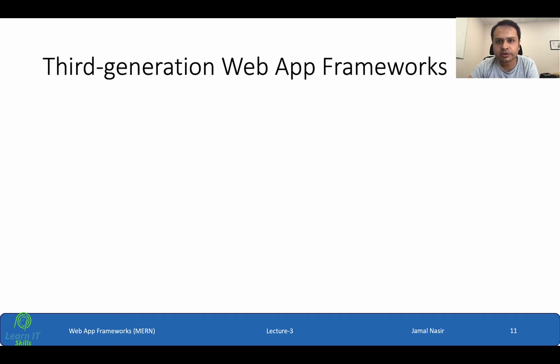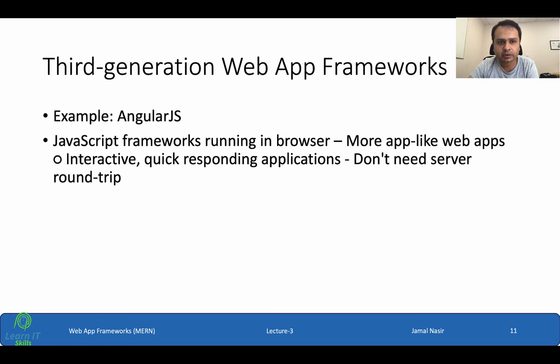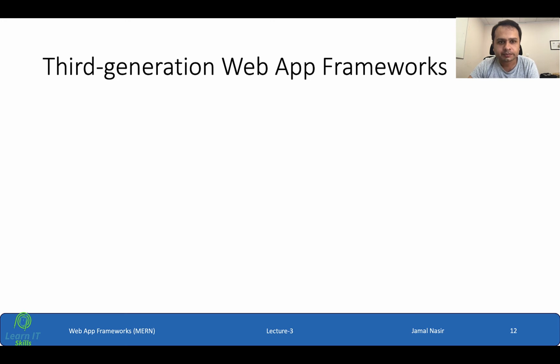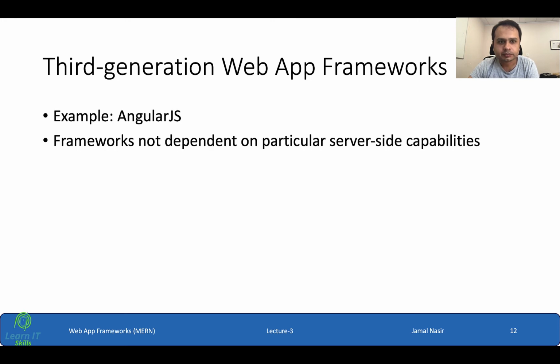In third generation web app frameworks, an example could be AngularJS. These are JavaScript frameworks running in the browser, right? More app-like web apps, or interactive, quick-responding applications, and frameworks not dependent on particular server-side capabilities.